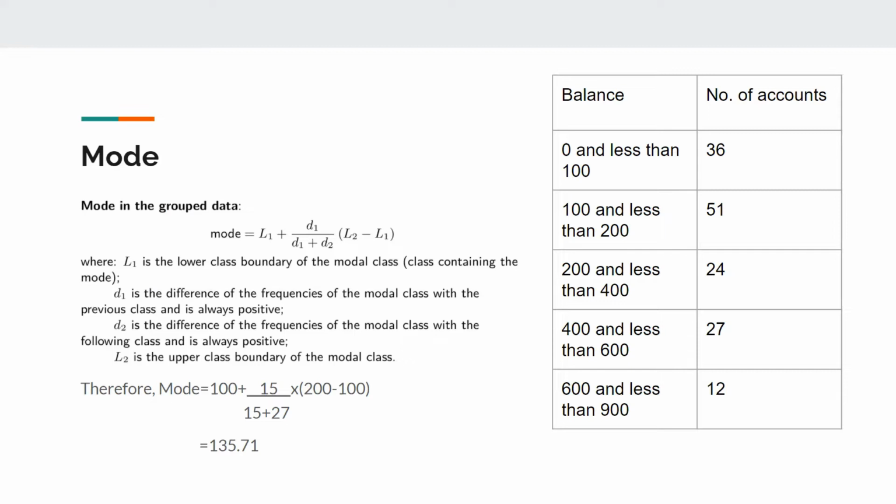The frequency of the following class is 24, and 51 minus 24 is 27. L2 is the upper class boundary of the modal class, which is 200. After that, we could get the calculation. Mode equals 100 plus 15 over 15 plus 27 times 200 minus 100, which is 135.71.